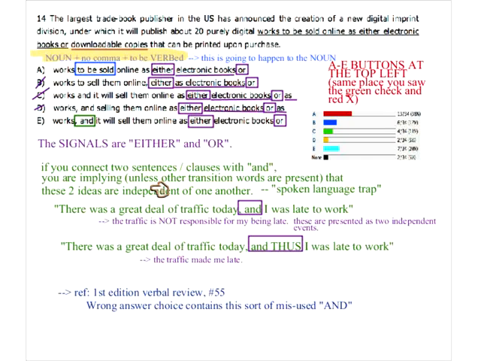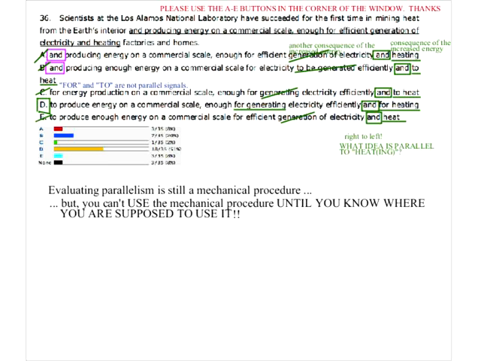So if you have this sentence, the problem is that mining and producing are not separate actions of equal priority.